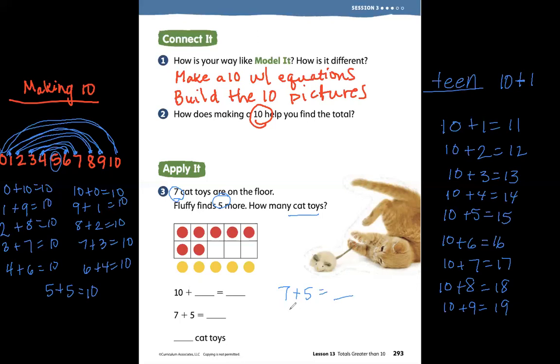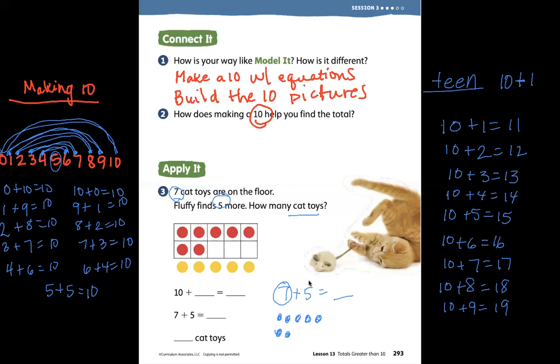Okay, first we're going to build our 10. So first we have 7. 1, 2, 3, 4, 5, new line, 6, 7. And then we're going to add 5 more.